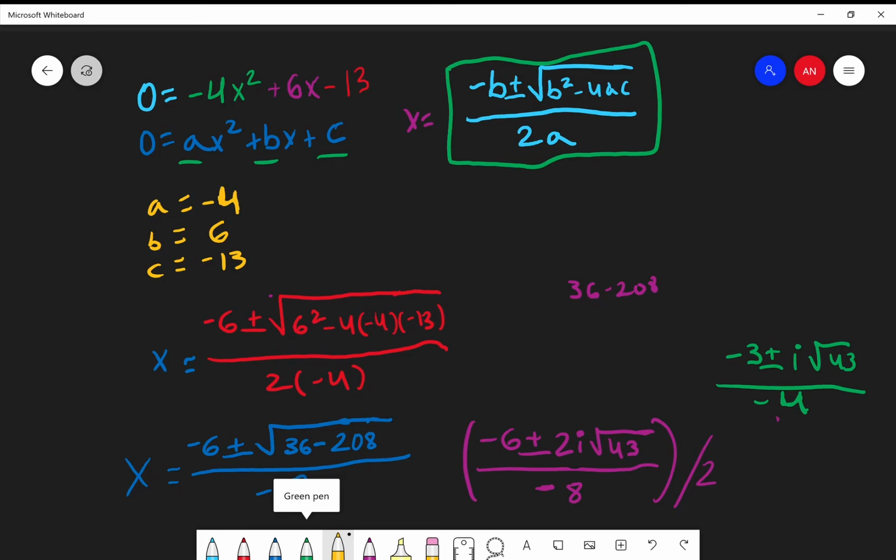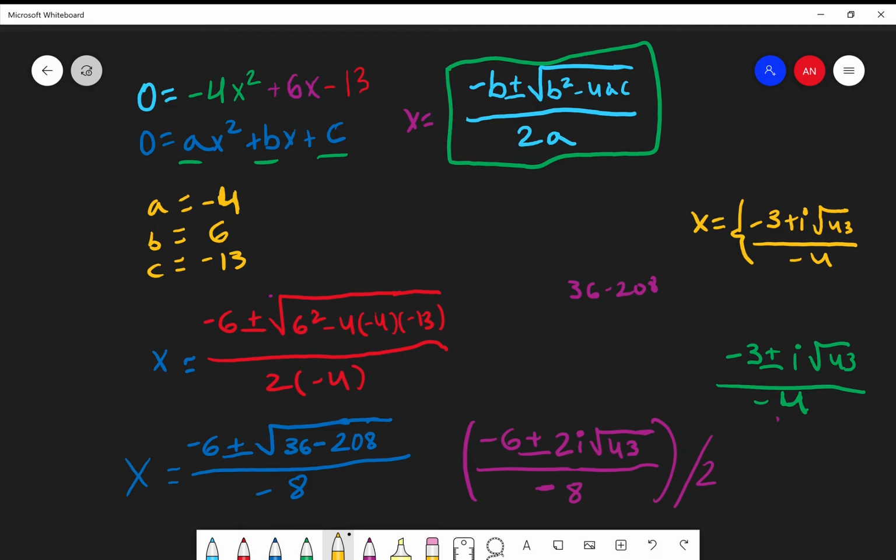So here, let's rewrite this equation as the two solutions for x. x is equal to minus 3 plus i root 43 over minus 4 as one of the solutions.